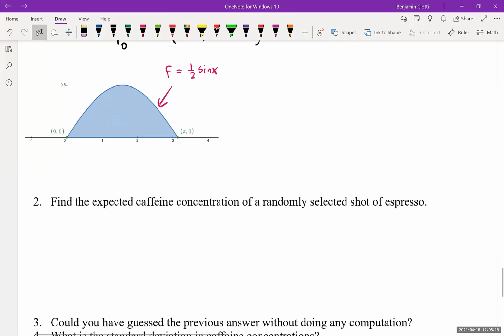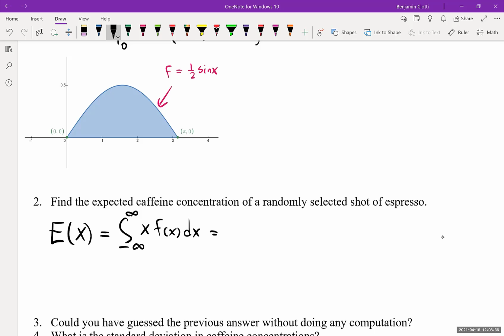So we're asking for the expectation value of our random variable. Let's see. So expectation x is the integral from negative infinity to infinity of x times f of x. That's our new expectation value formula. In this case, the support is only from 0 to pi.